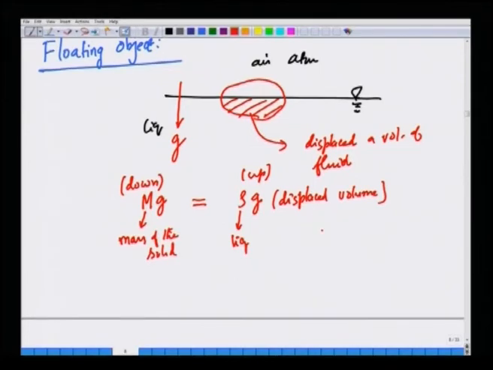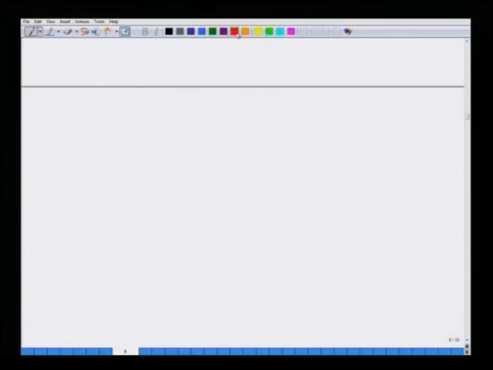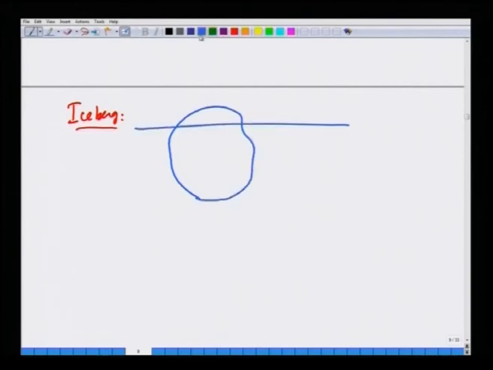Now, let us consider a simple example of an iceberg. Icebergs are found in oceans. These are huge chunks of ice present in the sea. So, this is the water level, and this part is submerged underwater.